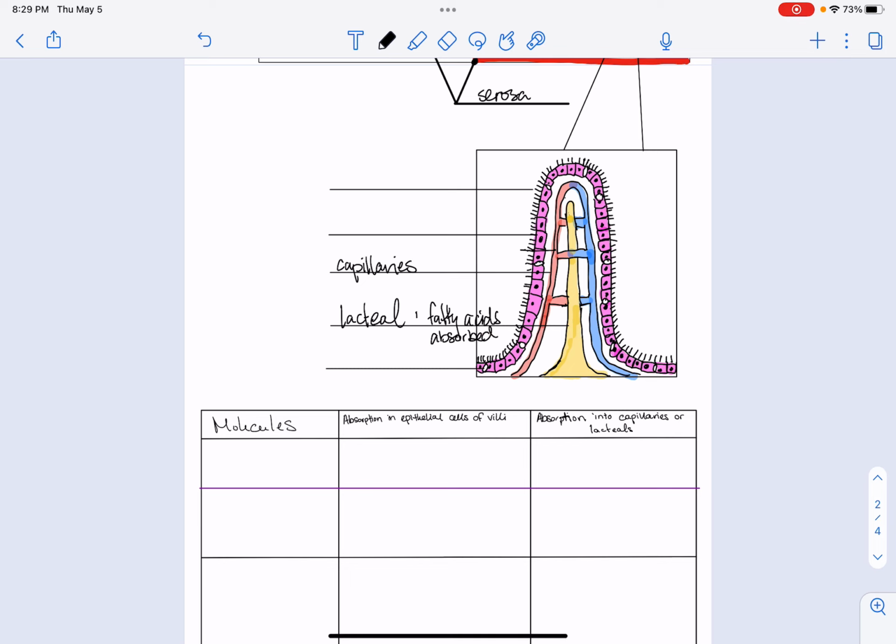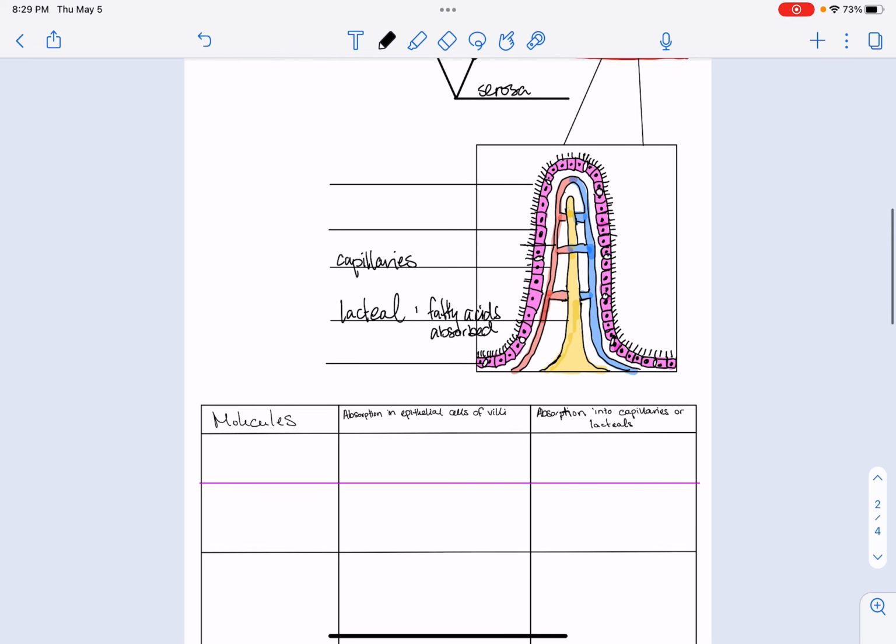Okay, I'll quickly write these. The villi have microvilli, and the microvilli just increase surface area. We have the epithelial cells, which are the cells that outline the villi.